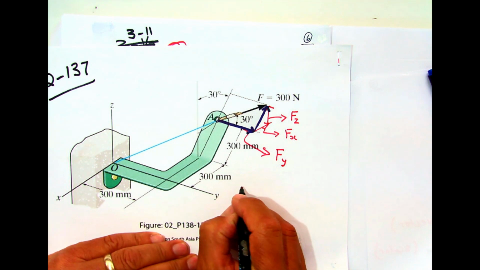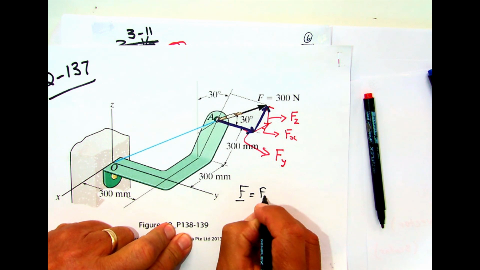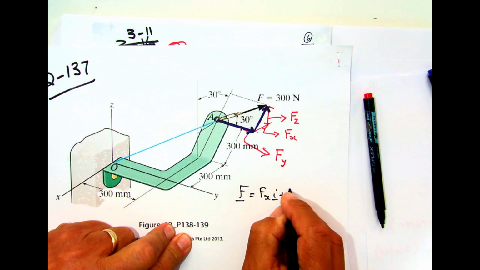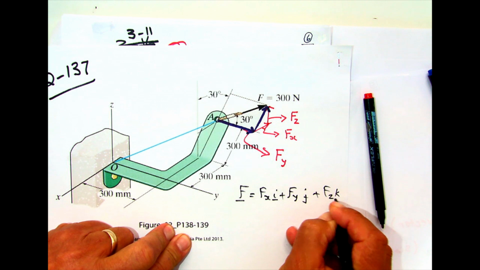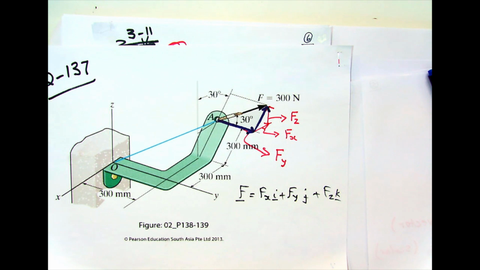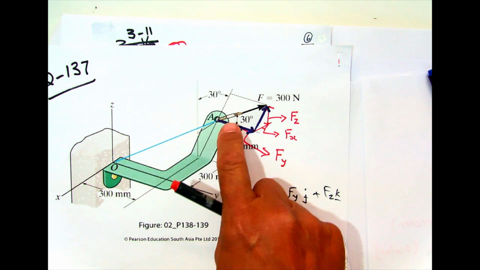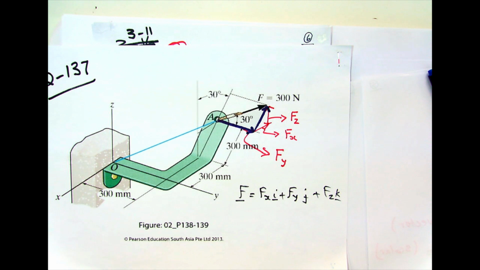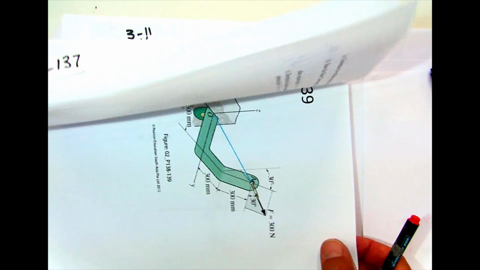Of course, the force is going to be Fx i plus Fy j plus Fz k. Okay. And once you have that, then you can go to the next step where they ask what is the projection of that force on the line, I think, OA. So then you use that, which we just did a moment ago, F dot a certain unit vector.